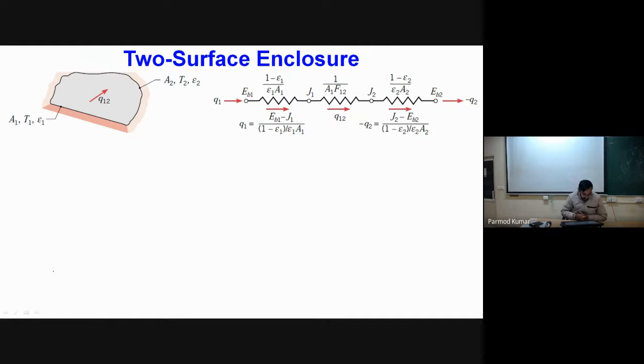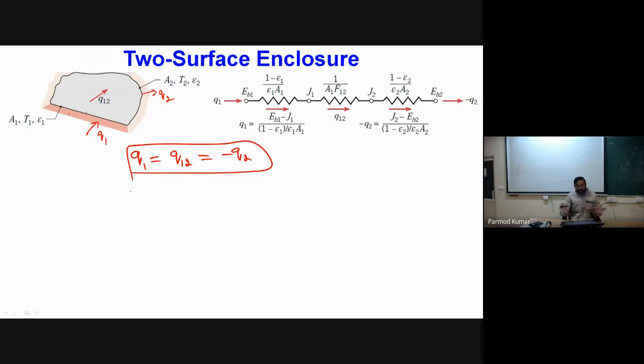Now let me show you the resistance circuit for a two surface enclosure. This is my surface 1, this is surface 2, and the total heat going out of surface 1 is Q1, the total heat associated with surface 2 is Q2, and Q12 is the heat associated between surfaces 1 and 2. For a two surface enclosure, Q1 will be equal to Q12, and that will be equal to minus Q2.